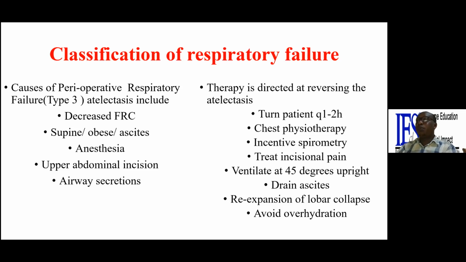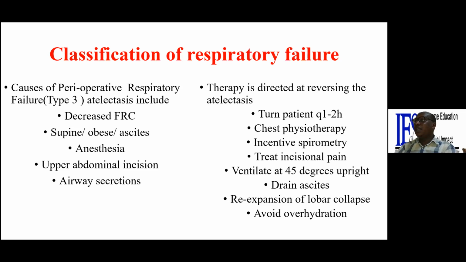Of course, for those obese people, as Xavier said in the previous slide, where obese people are getting obstructive sleep apnea. So, of course, those patients having upper abdominal incision, where the diaphragm is somehow paralyzed, so that their respiratory rate is low. So, of course, for the immediate management, you will start the physiotherapy, especially chest physiotherapy for your patient.